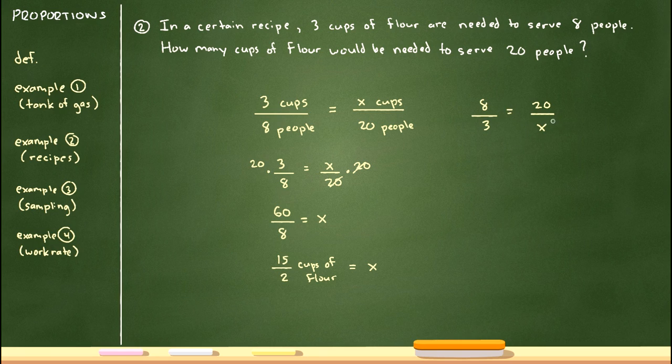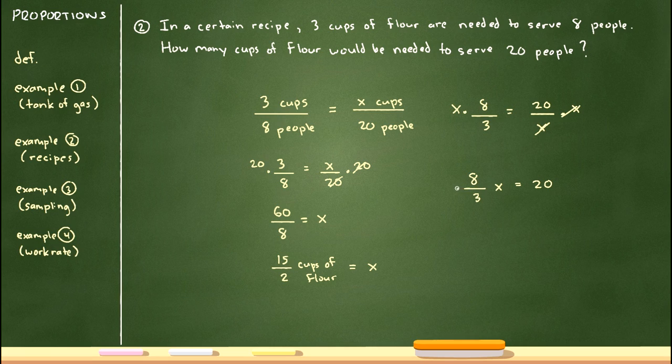So in order to solve for x, we would need to multiply by x on both sides. So we have 8/3 x is equal to 20. Now, one thing we could do here is multiply by 3 and then divide by 8.